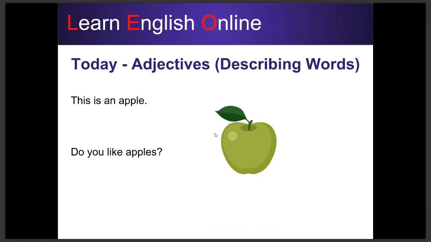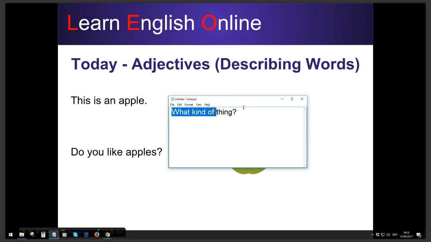Here's a new word, an apple. Okay, notice, remember we did articles. This begins with an a sound, a vowel sound, so it's an apple, and this is an apple. Do you like apples? Do you? I like apples.